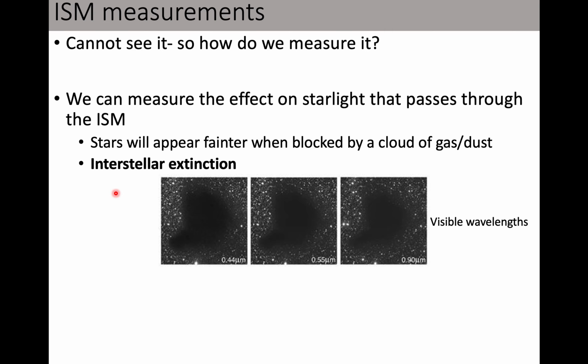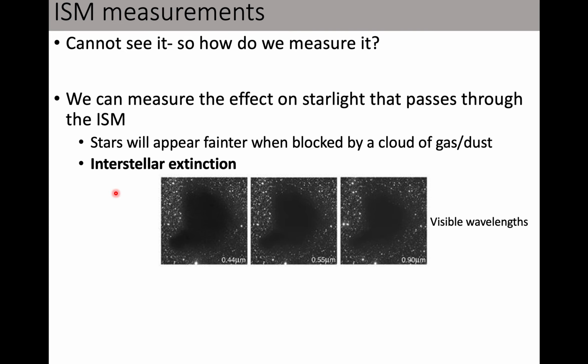Well, we can measure it indirectly. We can measure how other things that we can see change due to the presence of ISM. For example, we can measure the effect on light from stars as it passes through ISM.